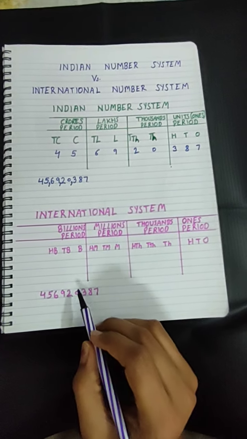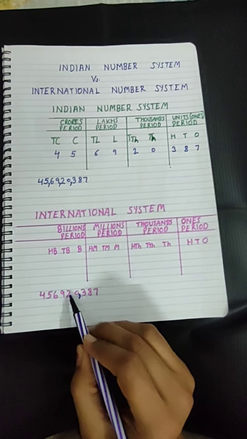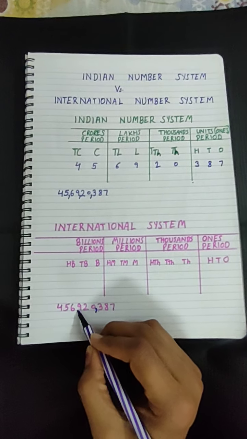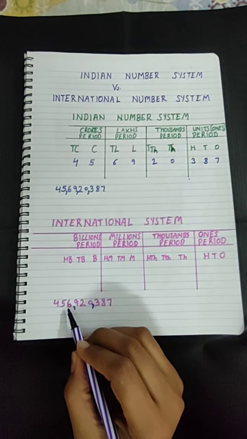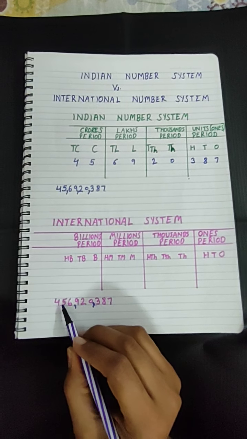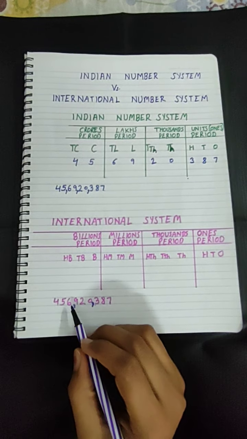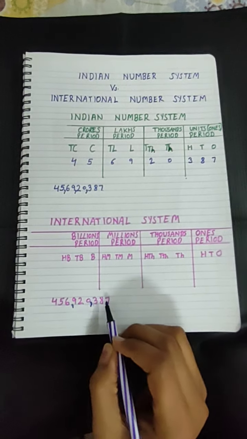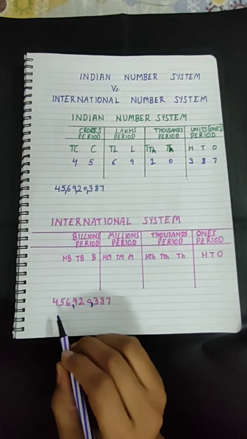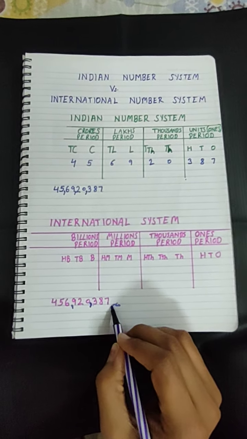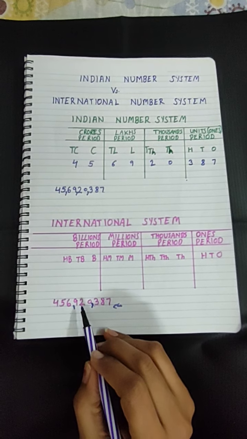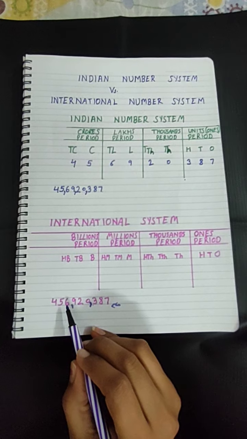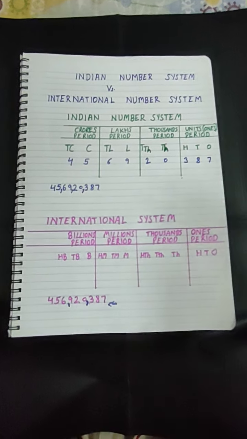So after 3 digits there will be a comma. Again there will be 3 digits in the millions period. We are not putting a comma after 2 digits because this is international system. We are putting a comma after every 3 digits starting from your right. Ones, tens, 100, 1,000, 10,000, 100,000, millions, 10 millions, and 100 millions.